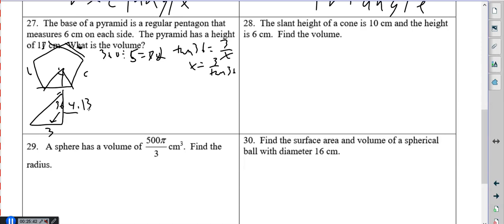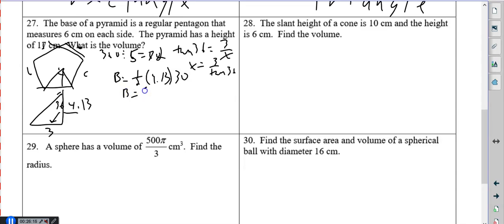So, if you remember, volume is area of the base times the height divided by 3. We're trying to find the area of the base. So the area of the base is 1/2 the apothem times the perimeter of 30. So that's 15 times 4.13, which is 61.95.